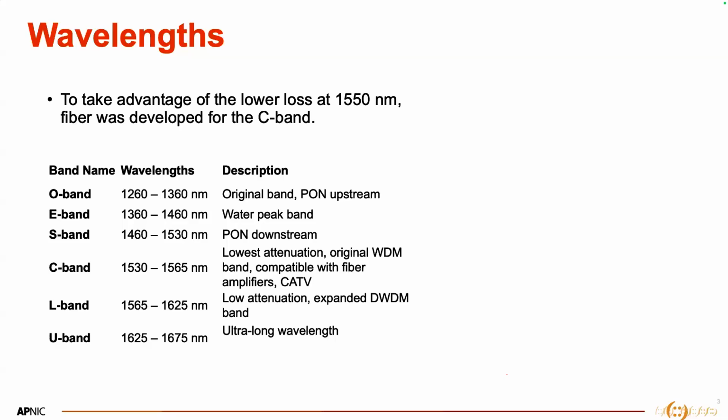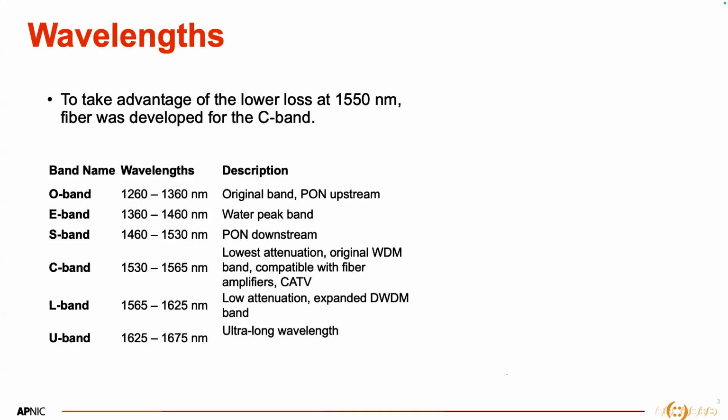Yes, the subsequent question is whether each channel represents a separate lambda. Yes, Satish, each channel represents a separate lambda. By channel, I mean the wavelength. Each wavelength means separate lambda, separate channel, separate capacity.